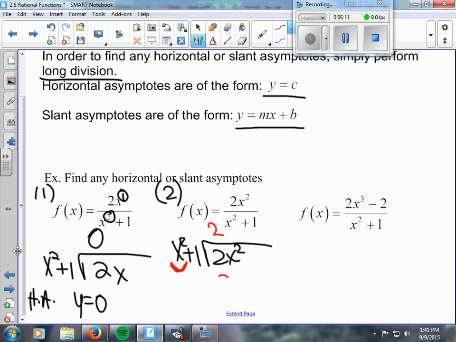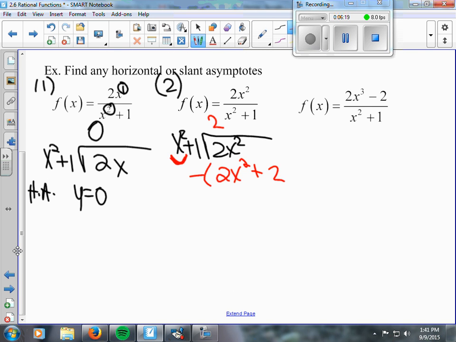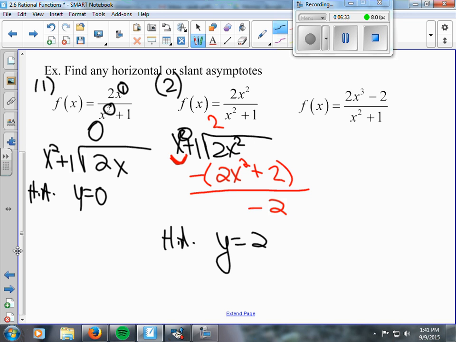So when you multiply everybody, 2 times x squared is 2x squared, plus 2 times 1, that's 2. You would subtract this, and we would have a remainder of negative 2. This remainder, negative 2, is smaller degree than my denominator, so I can't go any more. And so this has a horizontal asymptote, again, because I only got a constant: y equals 2.